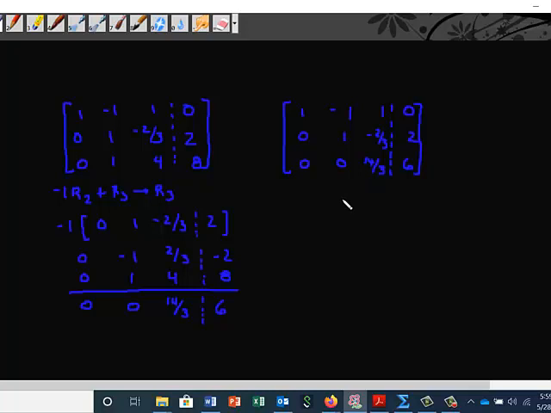So we can divide row 3 by 14 over 3. Or we could just simply take the reciprocal of 14 over 3 and make this 3 over 14 times row 3 to get the new row 3.